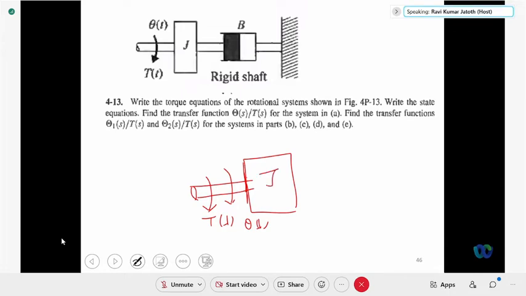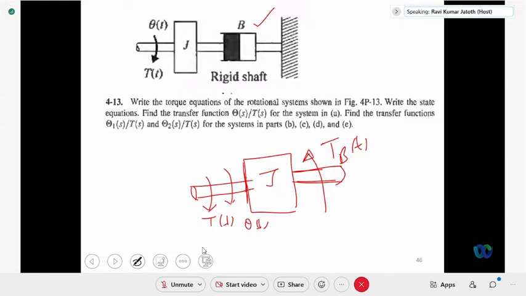The moment of inertia of this shaft is J. Now when the shaft is trying to rotate in the downward direction, there is a frictional torque which opposes this displacement. So would the friction be along the same direction as theta(t), or opposite? Opposite. So this is TB(t).